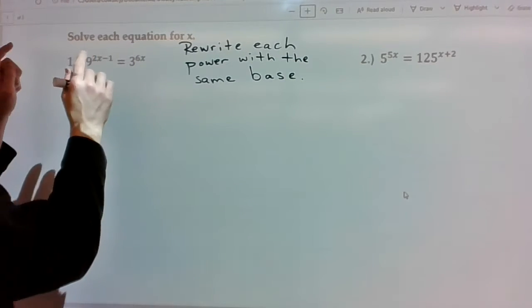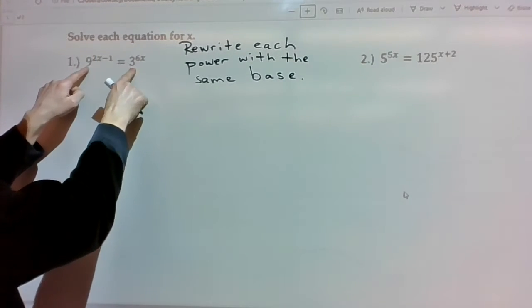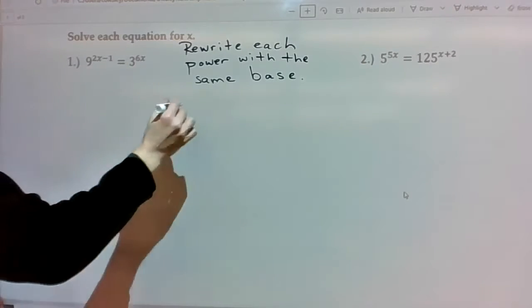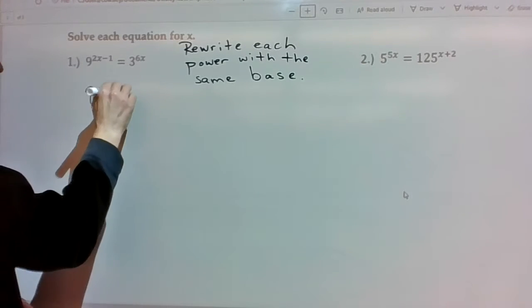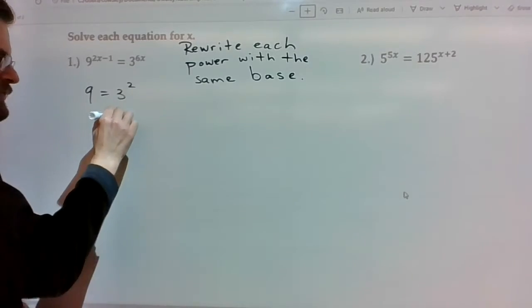So is there a common power between 9 and 3? Yes. 9 equals 3 squared. 3 equals 3 to the 1 power.